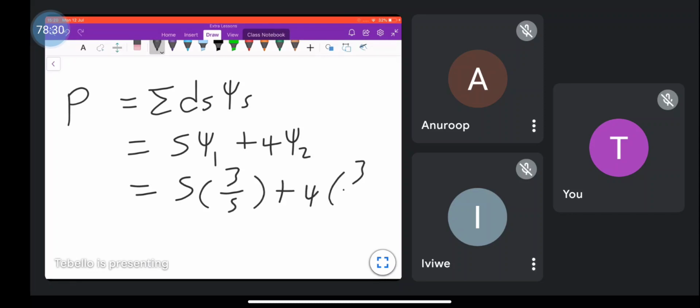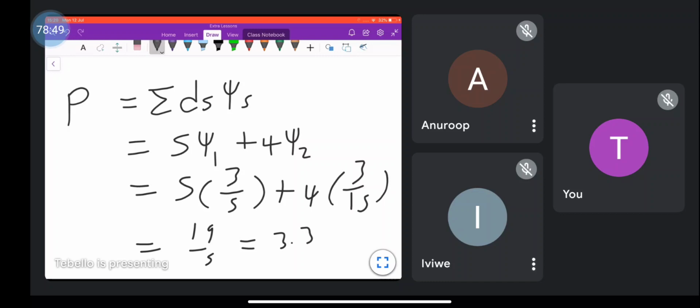So the price for this one is going to be 19 over 5, or 3,8.